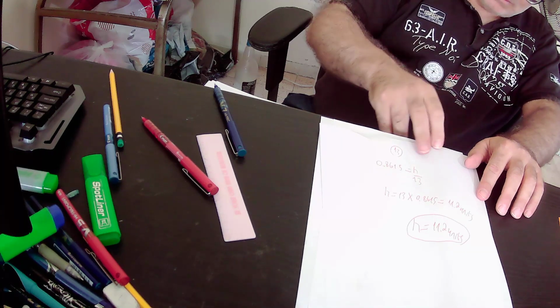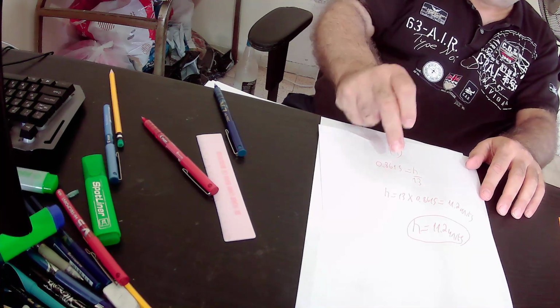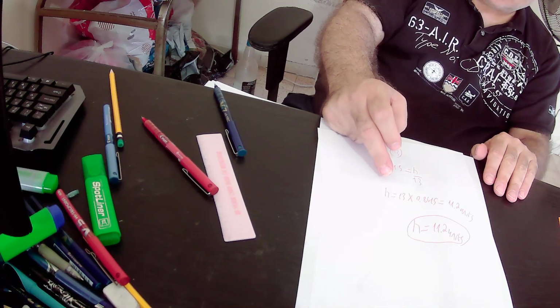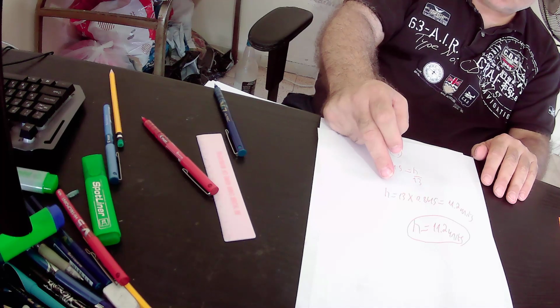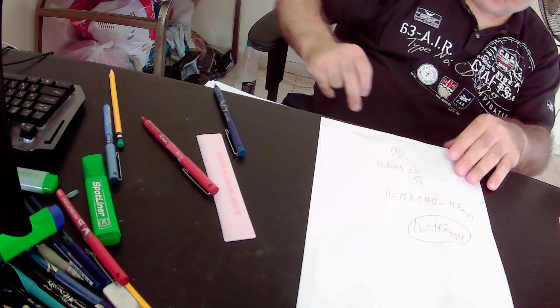So we got that the height of triangle ABC, when the base is 15 units, is actually 11.2 units.